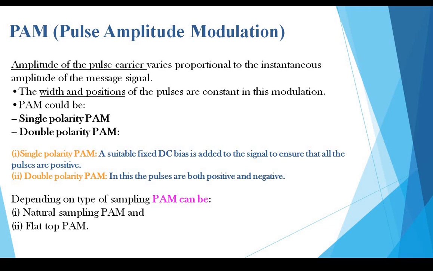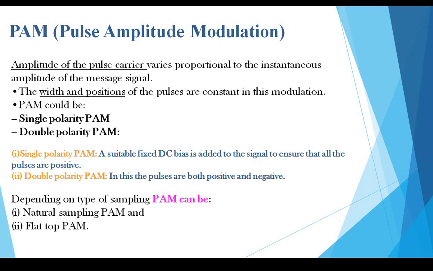Now we are going to start our important topic, pulse amplitude modulation. I hope you remember what amplitude modulation is. The amplitude of the carrier wave is varied in accordance with the amplitude of the message signal. Here it is the same, but there you have a continuous wave and here you have pulse carriers.